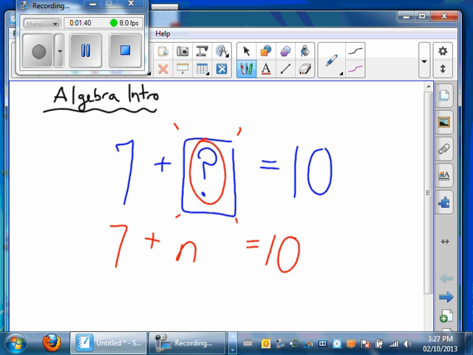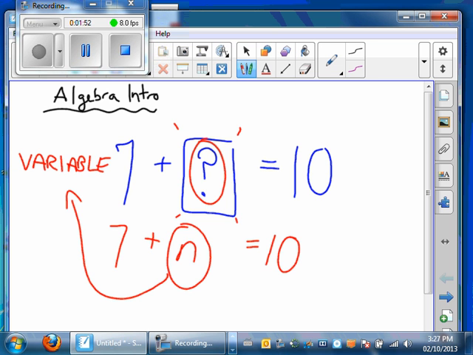But this is algebra in its most basic form. And this here is known as a variable. And all a variable is, is a letter used to represent some unknown number. That's it.